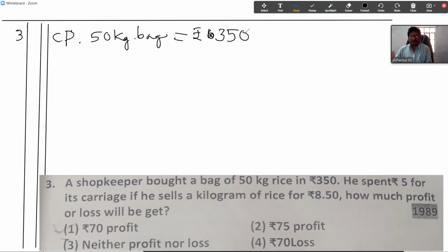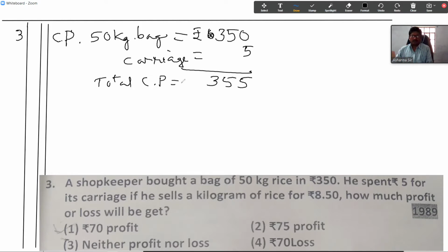He spent 5 rupees for carriage, transport. So the total cost price is 355 rupees.